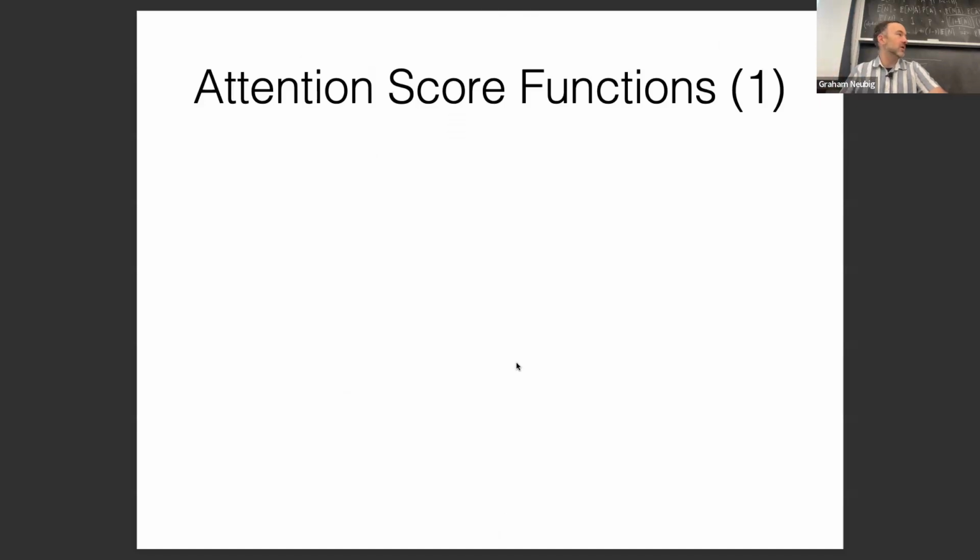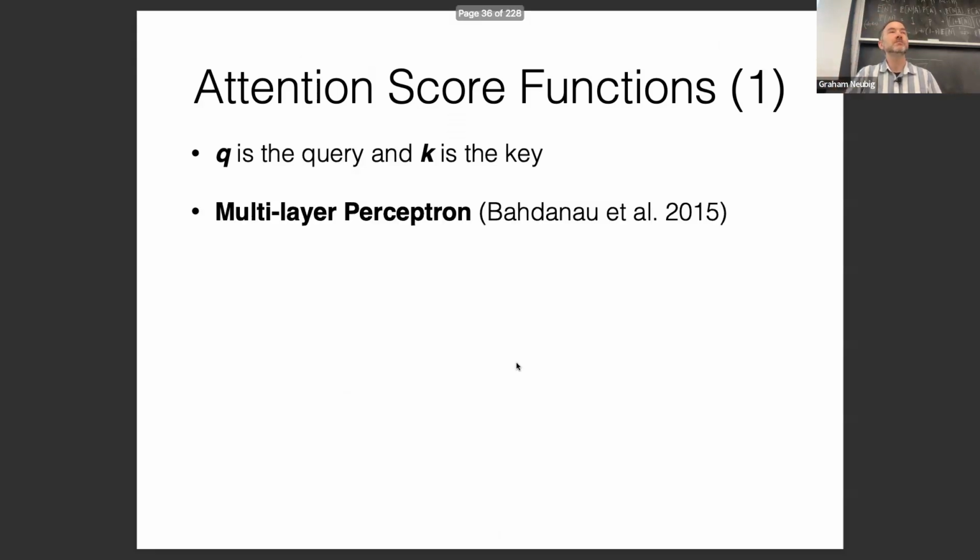So the next thing I'd like to talk about is attention score functions. Attention score functions can take a number of forms, but basically, the basic requirement is that you feed in one query vector and one key vector. The first attention score function that was proposed is a multi-layer perceptron. So it's basically a feed-forward network with a single hidden layer.